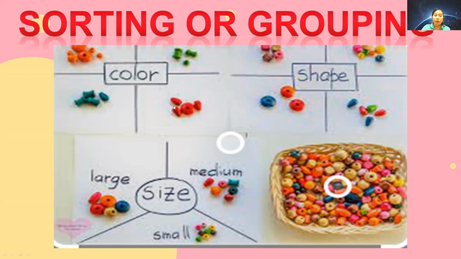And also we sort according to colors. Our clothes from the closet, we also sort them using color, okay? We group our things inside our closet by colors.